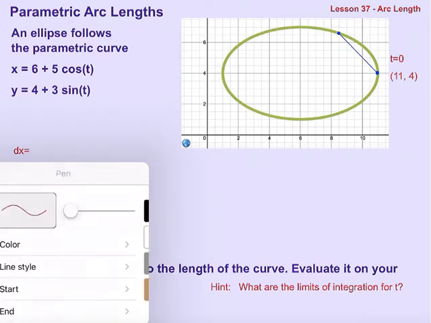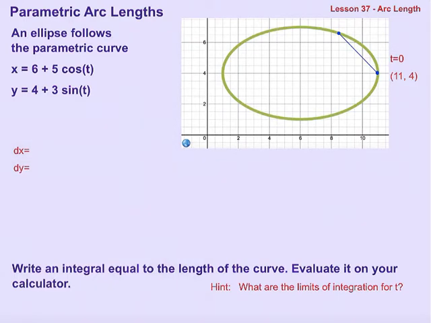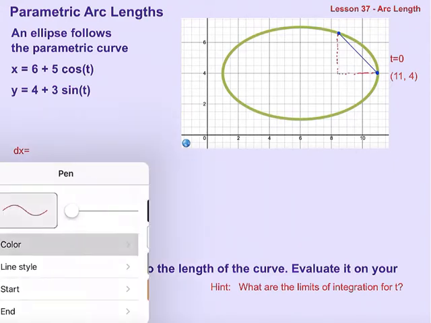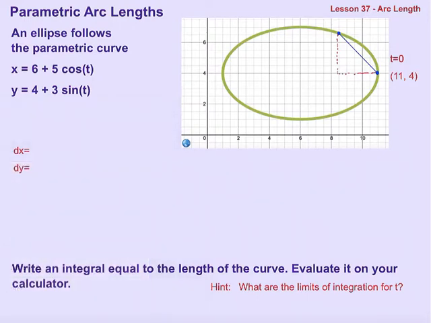The distance I have in blue, marked up here, can be calculated using the Pythagorean theorem or the distance formula, the same way we did it for the last examples. The x distance there would be what we would call dx, the change in the x distance, and dy would be the change in the y distance.